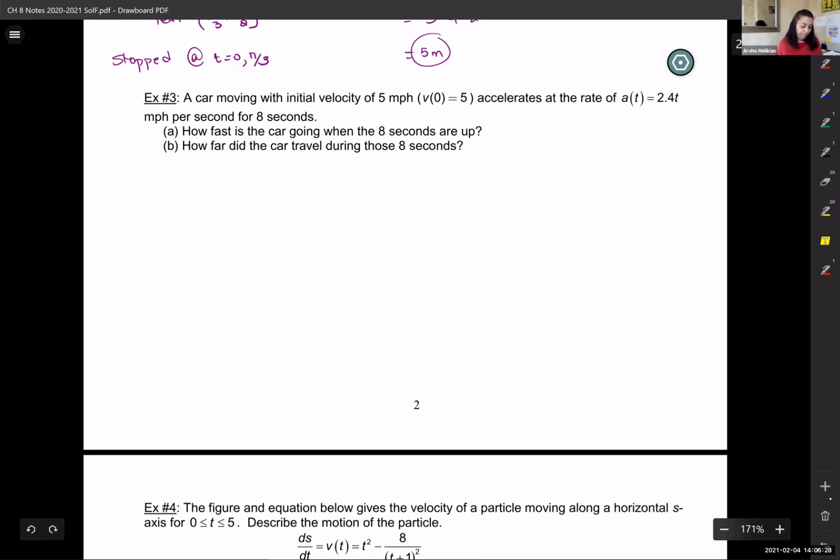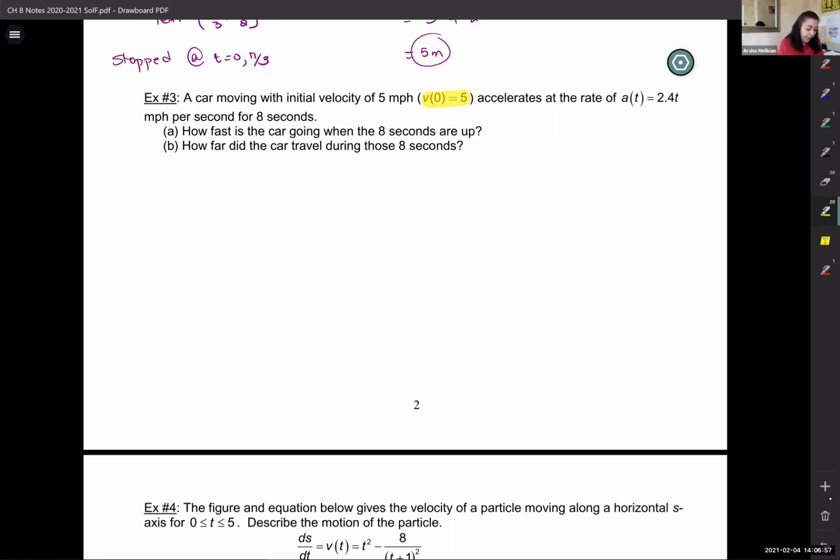All right, a car is moving with an initial velocity of 5 miles an hour, which means that translates to v of 0 is 5. And it says it accelerates at a rate of 2.4 t miles per hour per second.